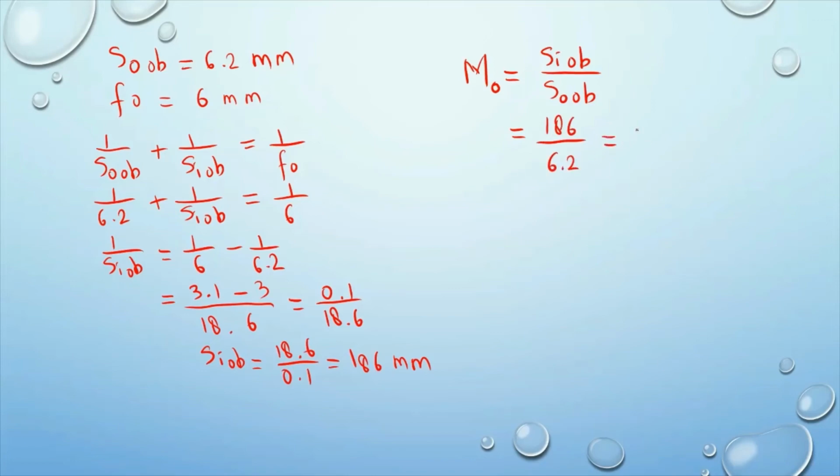This equals 30 times. So the magnification of the objective lens equals 30 times. Now let's calculate the minimum and the maximum magnification of the microscope.